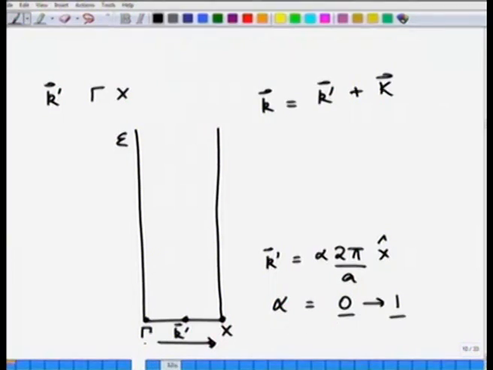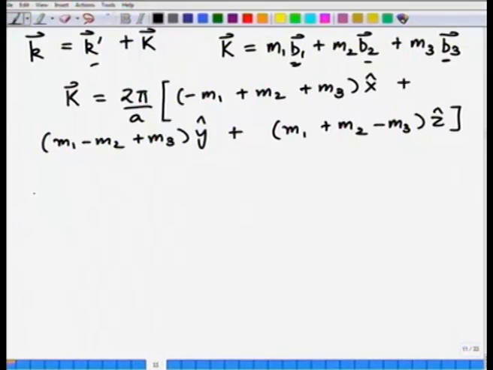If I substitute that k prime in there, then k simply becomes equal to 2 pi by a. I am going to take the K which I have just written out and substitute it right in here, and calculate k.